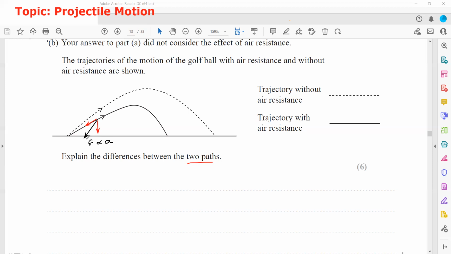what happened in the vertical part, when it is moving up, the weight and the vertical component of air resistance. Air resistance will also have a horizontal and a vertical component, because air resistance is also making an angle here, as you can see. So this is the air resistance.